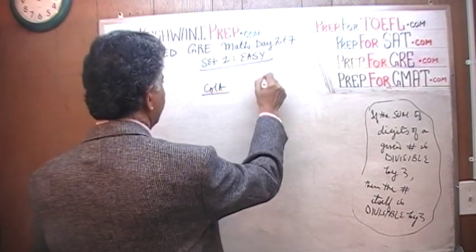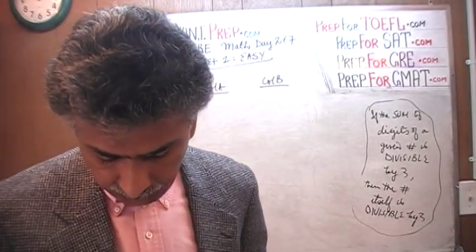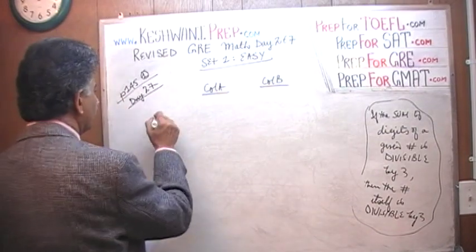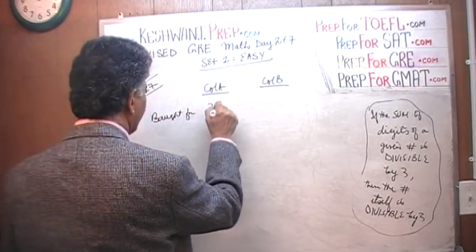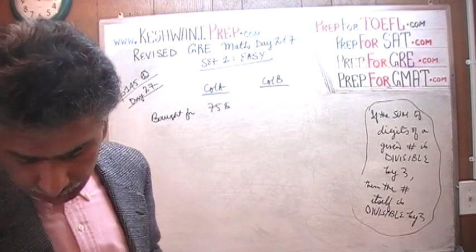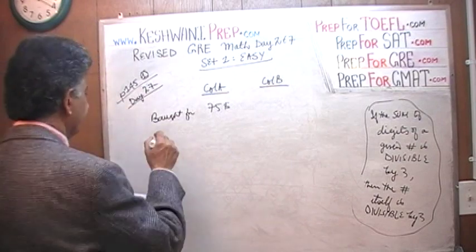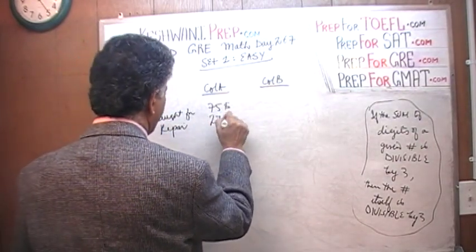Column A, column B. In column A, we are told that she spent $75 to buy the bicycle. She bought it for $75, and then they go on to tell us she used $27 to repair it. Repair for $27.